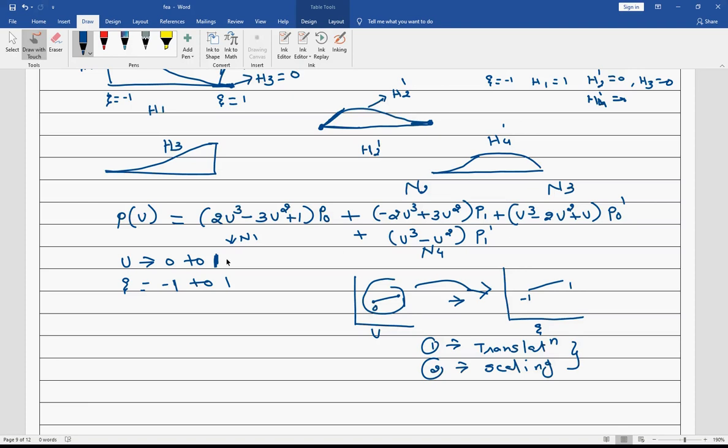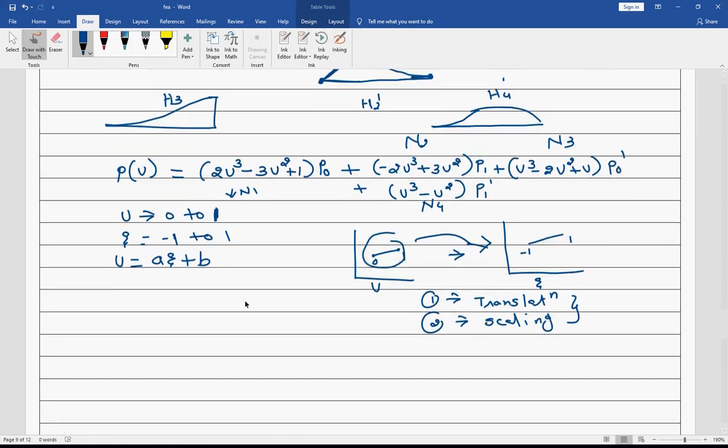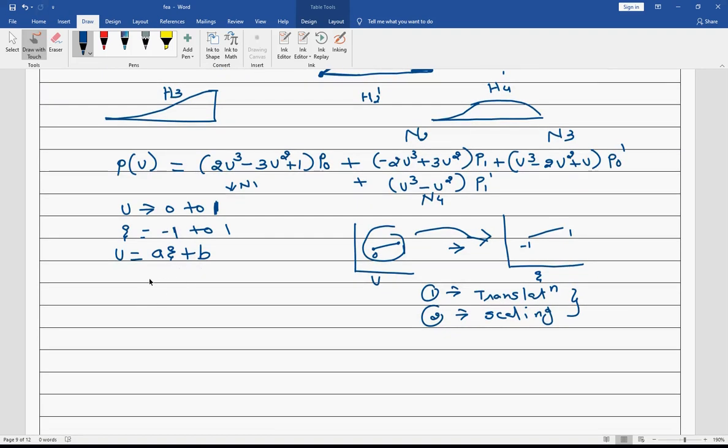So these two effects I have to achieve, and therefore I say u equal to a xi plus b. This is the operation I have to achieve. What is a? Here a represents the scaling factor, and b represents the translation factor.